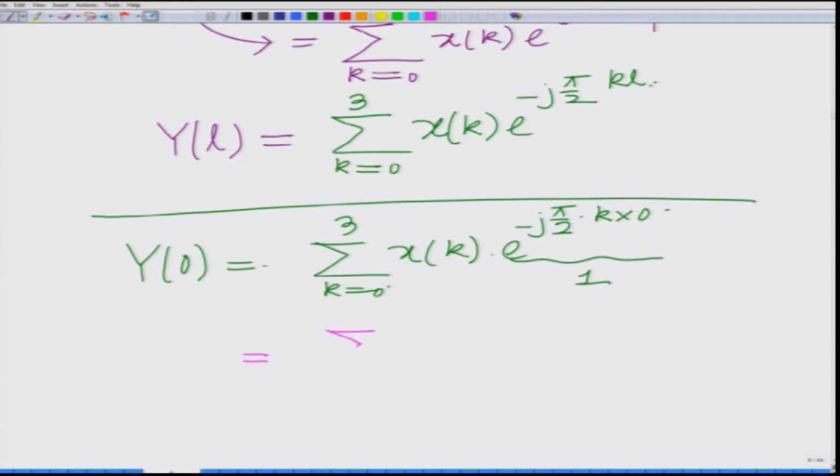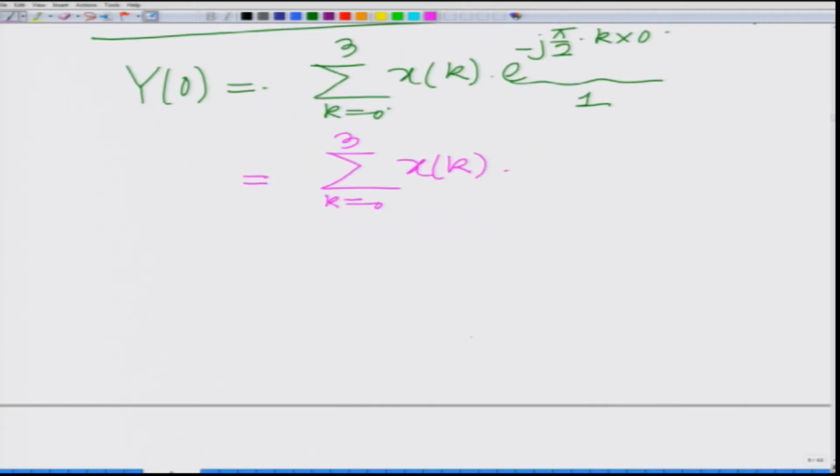So it is simply the summation of the various time domain samples, which is 1 plus half plus half plus 1, which is equal to 3. So my Y0 is equal to 3.